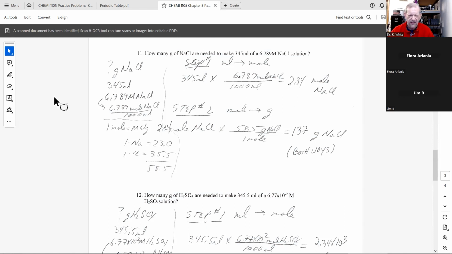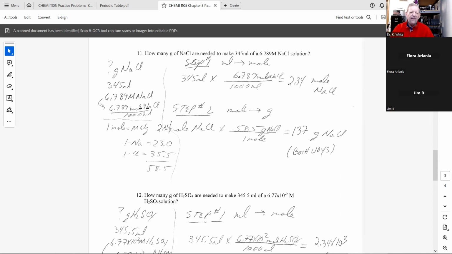So what are we trying to find? Grams of NaCl. What are we given? Milliliters, and this number, 6.789 capital M NaCl. Whenever you see the capital M, that means molarity. What this really means is 6.789 moles of NaCl per 1,000 milliliters.